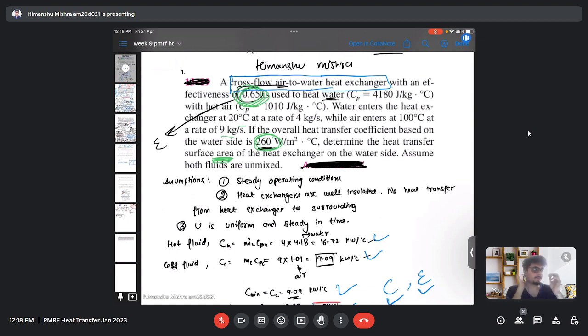Especially if you are given a parallel or counter flow heat exchanger, you can easily use the NTU correlations. You can use the formula for NTU, but for the cross flow, you have to use the graph. So for the cross flow, either you can use the graph if you are approaching by the NTU method, or you can just use the LMTD approach, because the LMTD approach depends only on the temperature difference at inlet and outlet, and you have to use the log mean temperature formula for that.